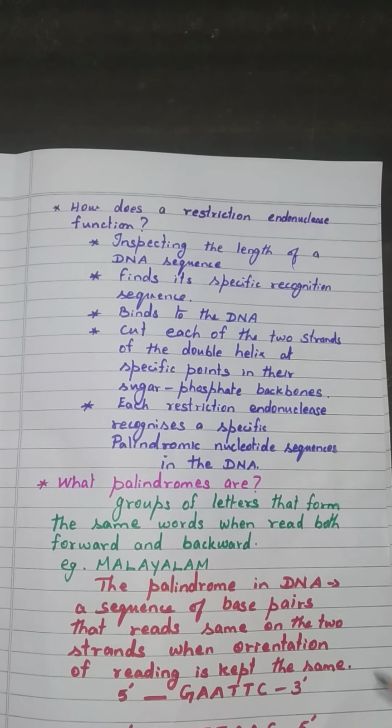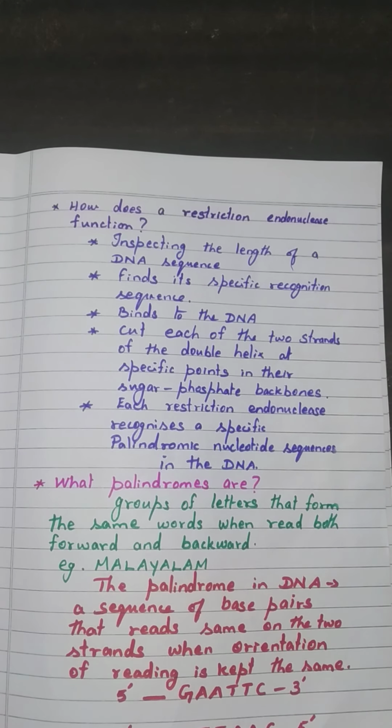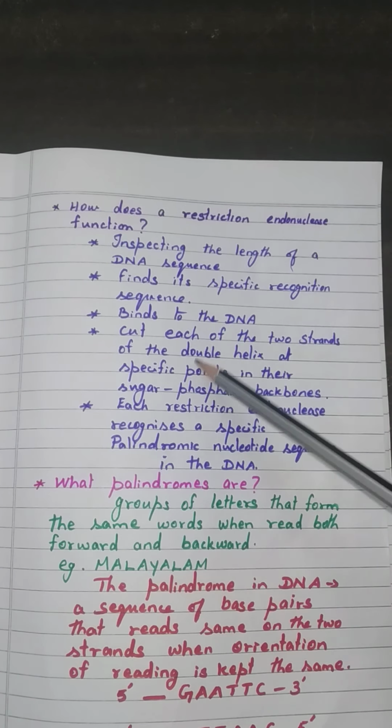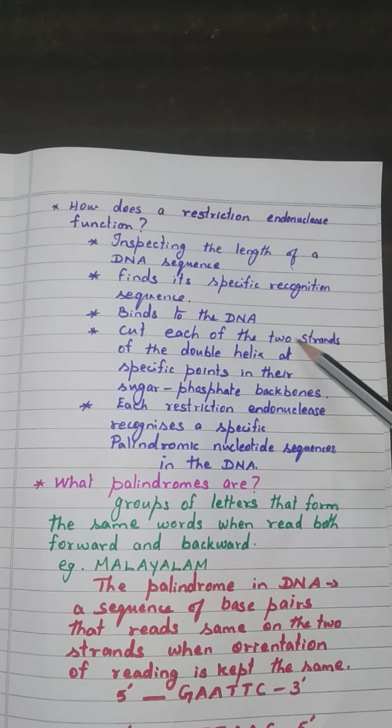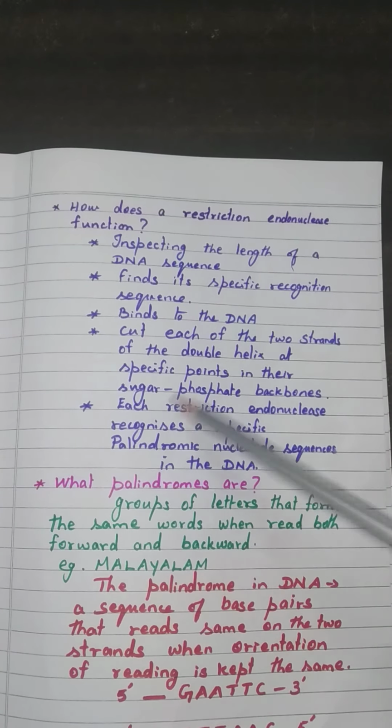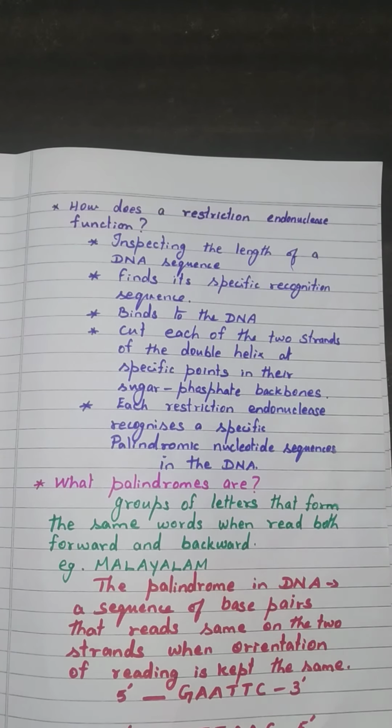I told you already, it finds the specific recognition sequence of 6 base pairs, and then it binds to that place, and then cuts each of the 2 strands of the double helix at specific points in their sugar phosphate backbones.